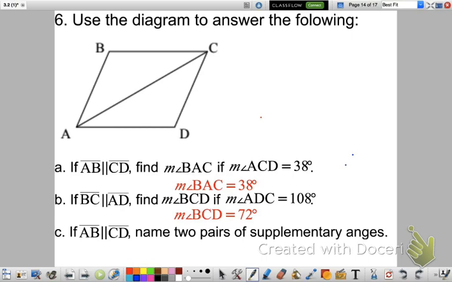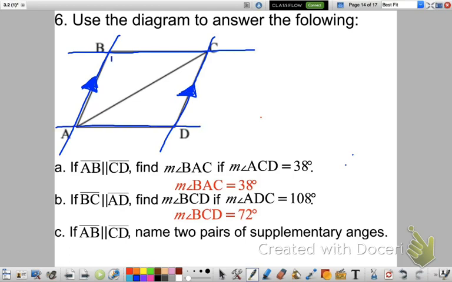So let's look at the last one. We have AB parallel to CD, and it asks us to name two pairs of supplementary angles. Well, we technically have three different transversals here. So let's look at two different ones. Let's look at this transversal versus this transversal.